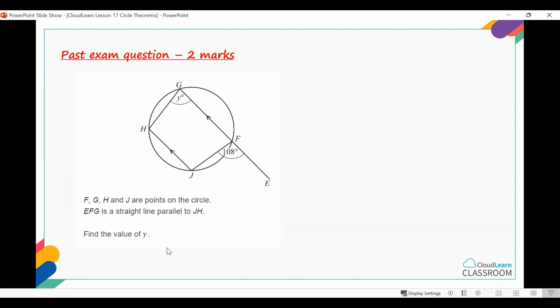F, G, H, and J are points on the circle. E, F, G is a straight line parallel to JH. So E, F, G is parallel to JH. Find the value of Y. If anyone wants to, can anyone spot what that is? Got 2 things to do here. You can't go straight to the answer.